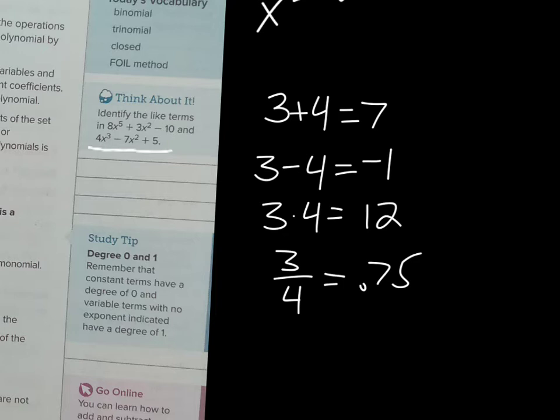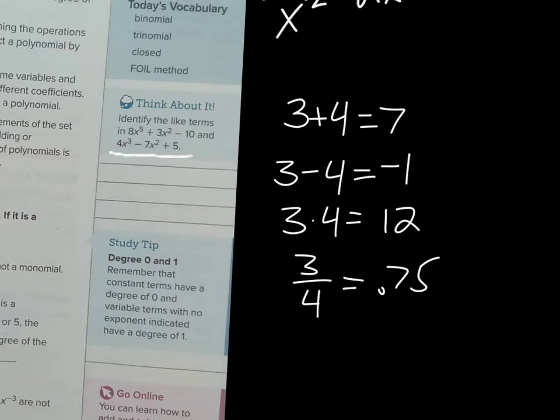Is that okay? And so then what they're saying with that first statement about being closed is, they just said add and subtract. As long as we are adding and subtracting two polynomials, we'll always get a polynomial. So then that set of polynomials is closed with addition and subtraction. Fair enough. All right.